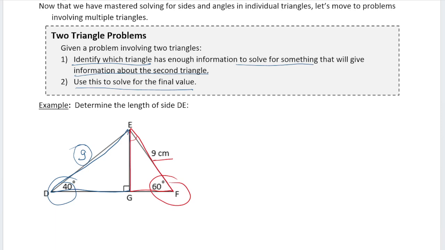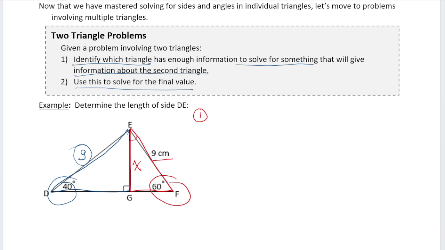If I need to solve something in the blue triangle, I need to look for something that's shared between the 2, which is going to be that side right there. So let's call it X. So if I can use the red triangle to get X, then I can use X and the 40 degrees to get g. So it's a 2-step process at minimum for these questions.